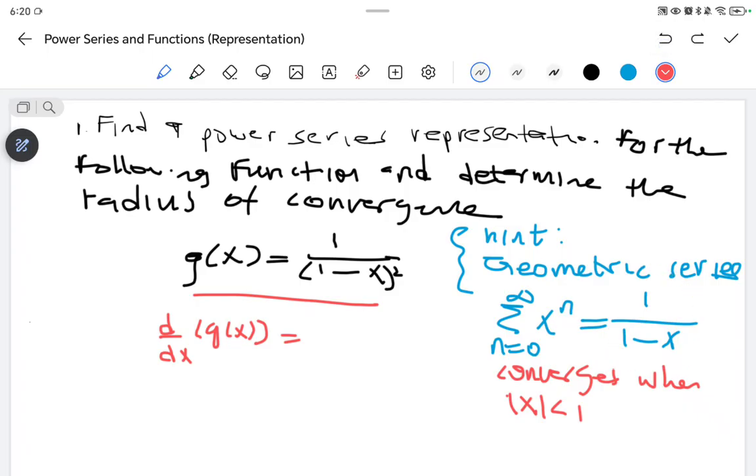Let's check which one is correct. There are some where deriving can take you time to get there. I want to change this to this, but I'll explain later. Let's derive.